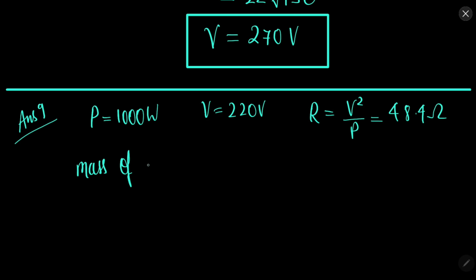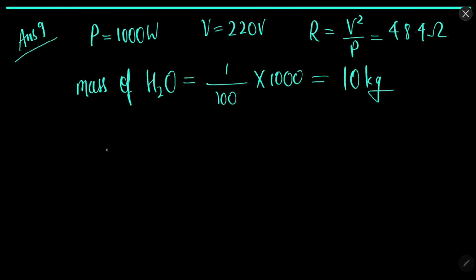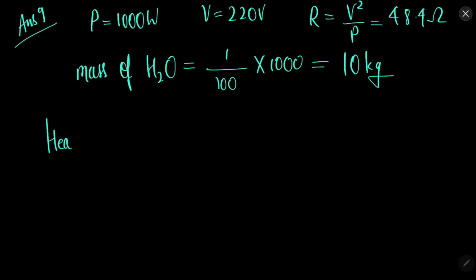Mass of water, 1 over 1000 into 1 over 100 into 1000, that is 10 kg. Heat required to raise the temperature, that heat is called specific heat.